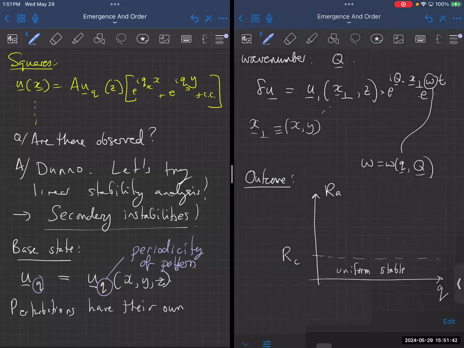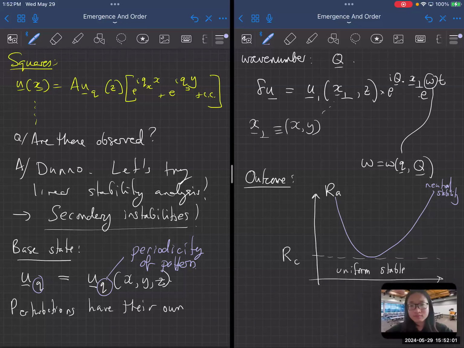Then it turns out that there is a neutral stability curve, which is the thing I talked about before. So now in here, the uniform state is unstable.